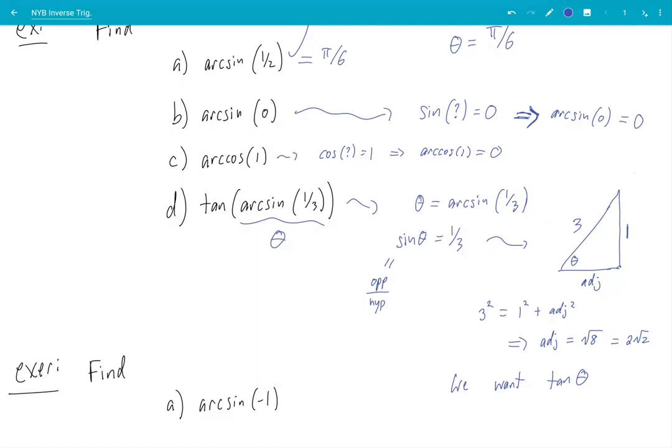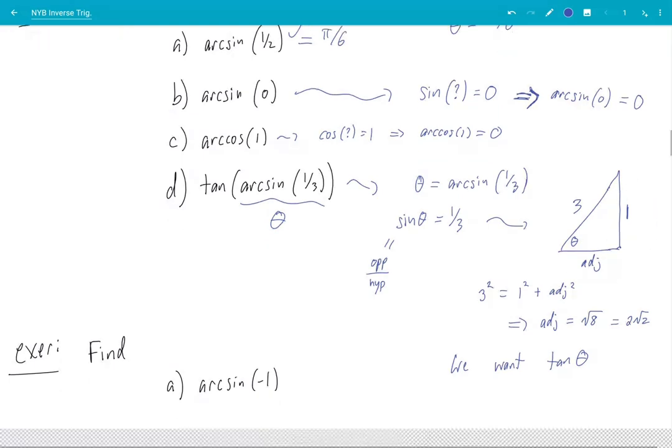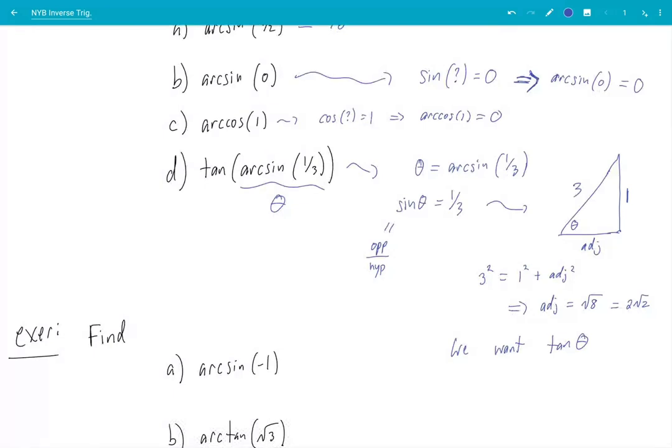Now I can read tan theta directly off of this triangle. Toa. Tan is opposite over adjacent. Tan theta is opposite 1 over adjacent 2 root 2.